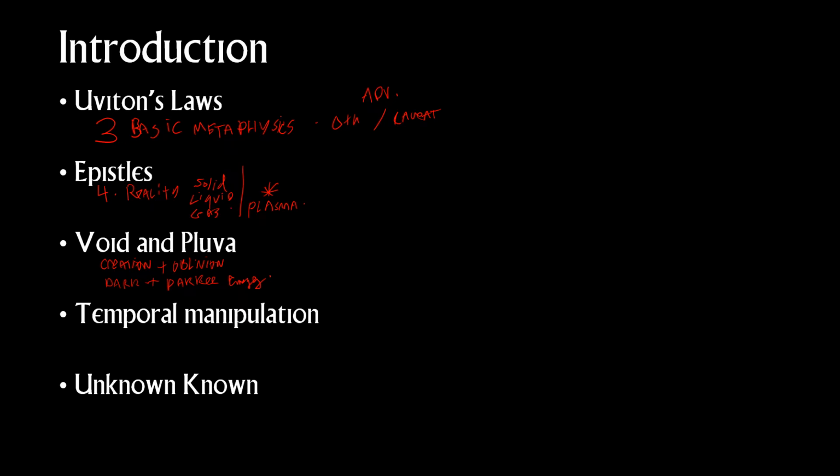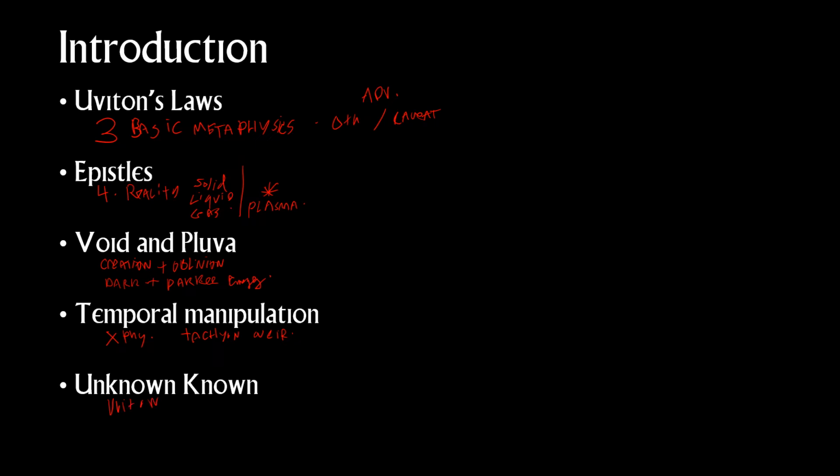And then lastly, even though this model of reality forbids physical time travel, we'll be looking at how temporal manipulation may be possible through the use of a tachyon weir or other similar devices. And then finally, I'll be examining the status of this on our learning pyramid of the unknown known.